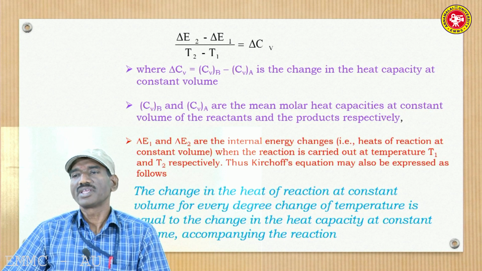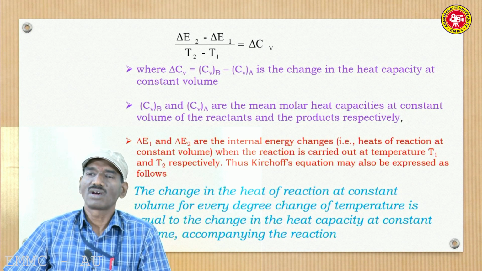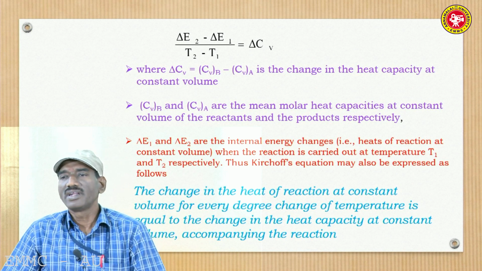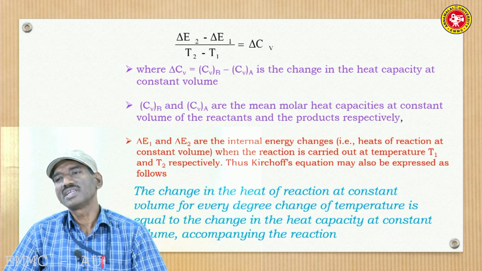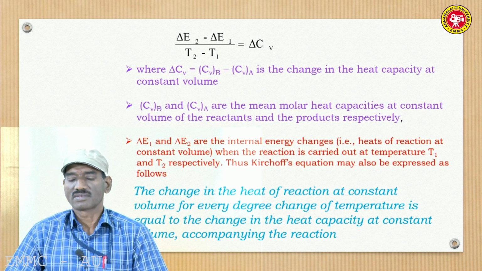The Kirchhoff equation may also be expressed as: the change in the heat of reaction at constant volume for every degree change of temperature is equal to the change in the heat capacity at constant volume accompanying the reaction.